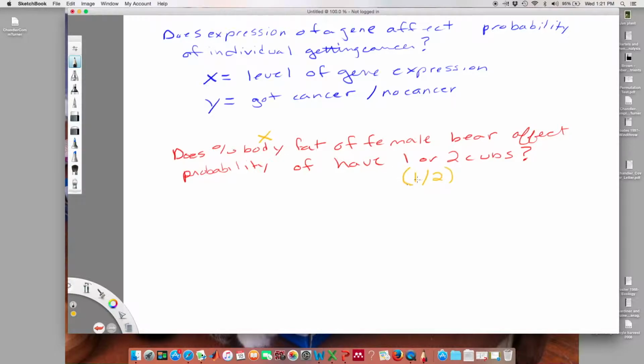So as you see, whenever we do logistic regression, we don't have to have yes or no answers. This could be cancer, no cancer, 1 or 2 cubs. So it's really not just a yes or no type question. So what would this one look like? So we'd have percent body fat of mom, and we would have 1 cub or 2 cubs.